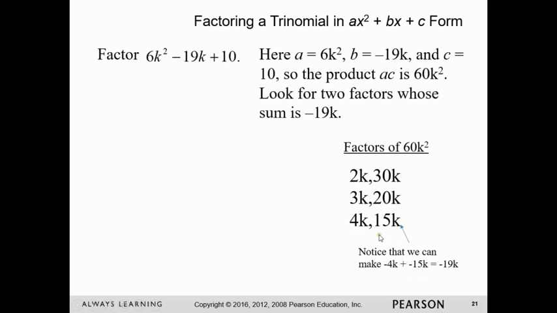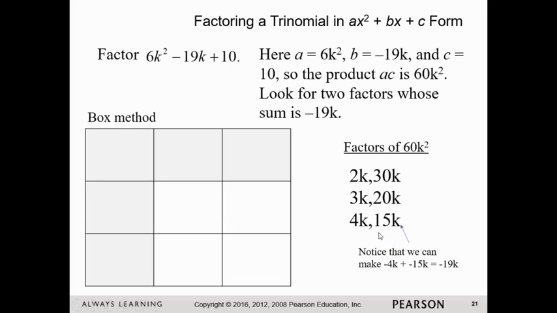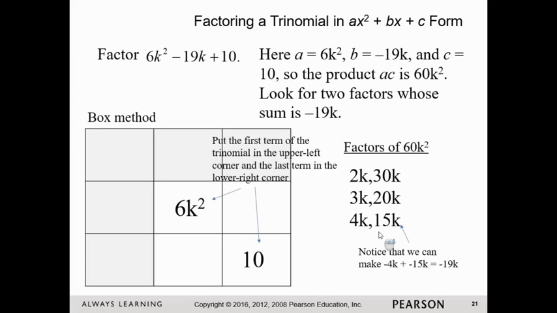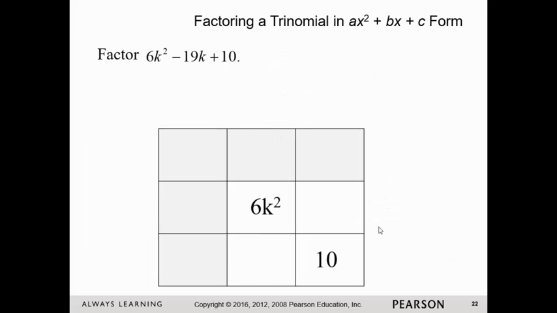But this is using the box method here. So what we create here is a box. Now we put the first term in the upper left-hand corner and the last term in the lower right-hand corner. First term in the upper left, last term in the lower right. So we've done that.